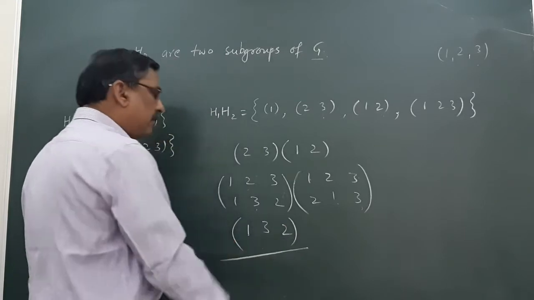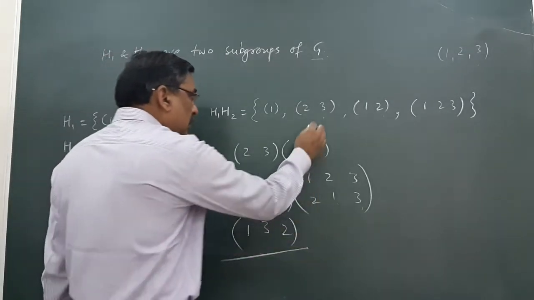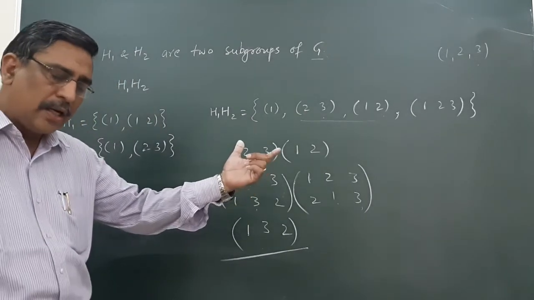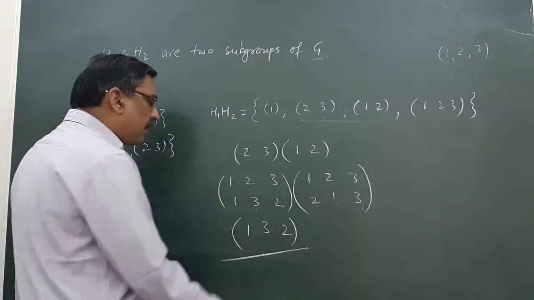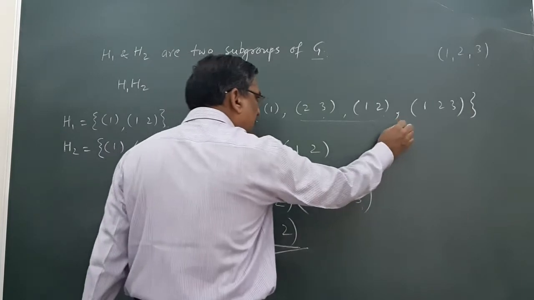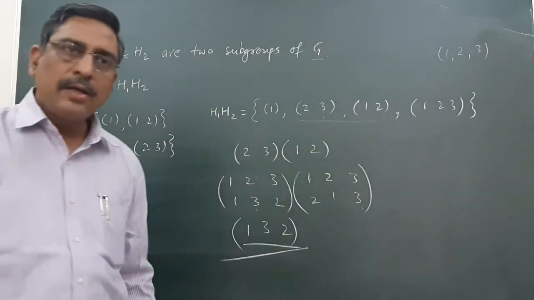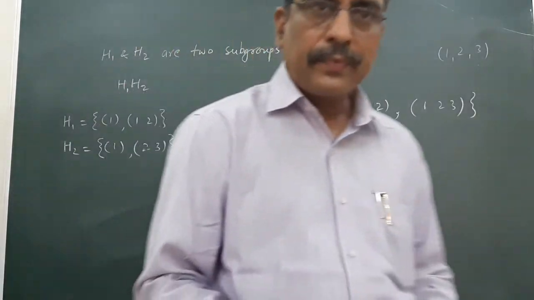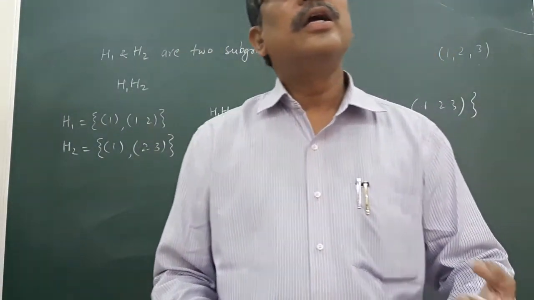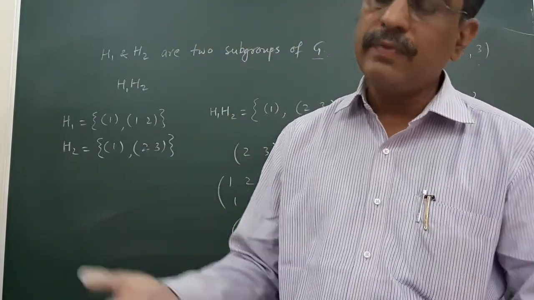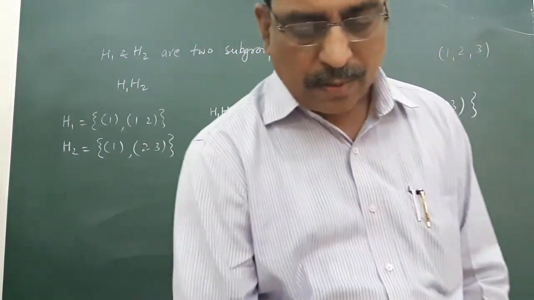Combining these two elements, we get (1 3 2), which is not a member of this set. Therefore, H1 H2 is not a subgroup. It is not even closed, so it will not be a subgroup.